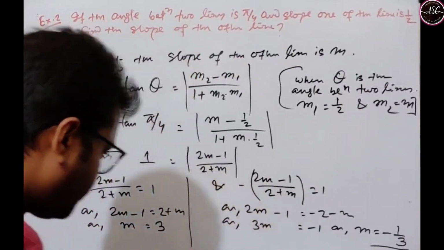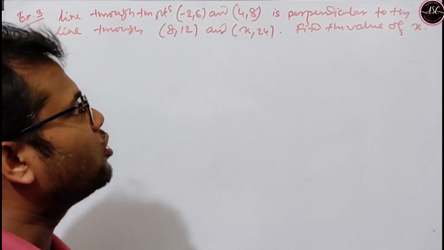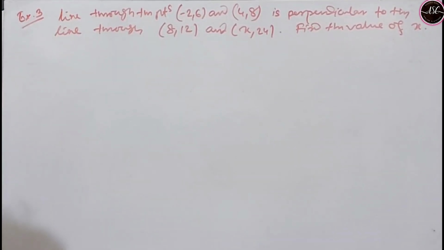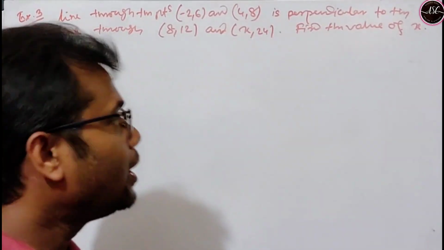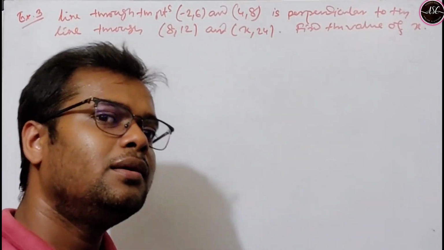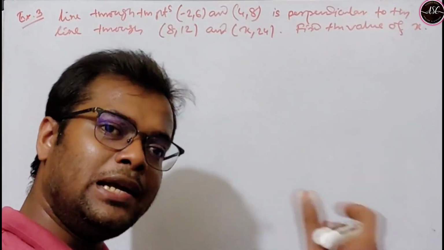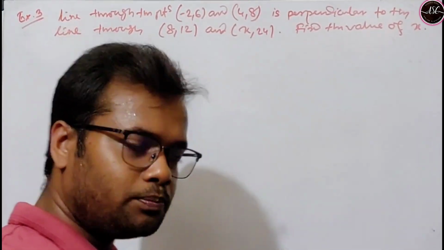Okay, clear? Just look at this question. The line through the points (minus 2, 6) and (4, 8) is perpendicular to the line through (8, 12) and (x, 24). Find the value of x. We have previously known that if two lines are perpendicular, then the multiplication of their slopes will be minus 1. So, here we will first find the slope.